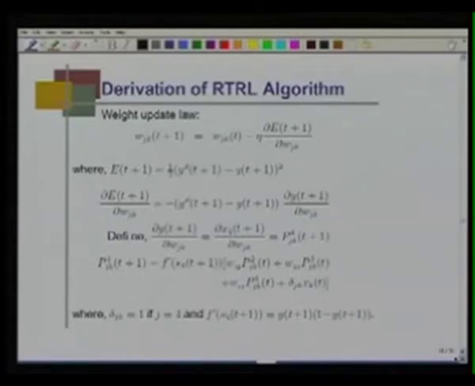Okay. So, del E at t plus 1 over del w_jk is obtained if I differentiate this with respect to any typical weight w_jk. We get this particular error term, and when I differentiate with respect to w, a negative comes out, del y at t plus 1 upon del w_jk.